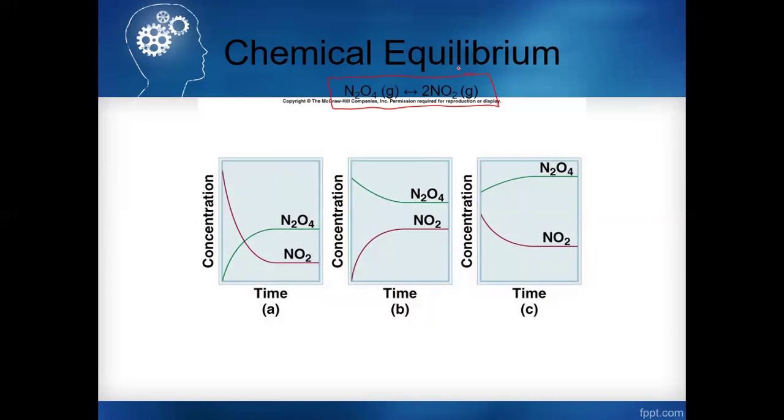on the y-axis, we have concentration, and on the x-axis, we have time. This is a reactant. Let's go locate it on the graph. This is a reactant. What do you realize? This is what is happening.